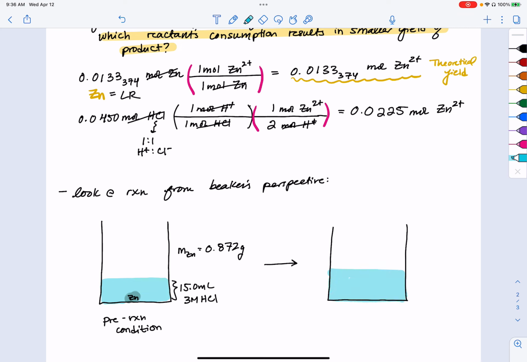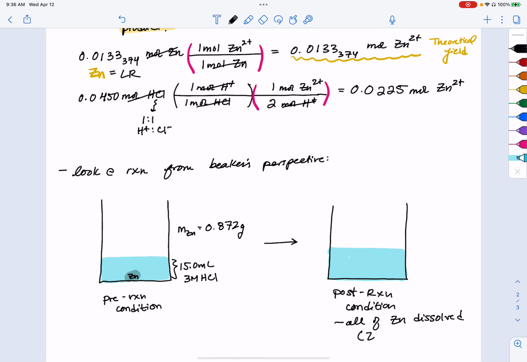So here, post-reaction, we see that all of our solid zinc is dissolved, and we know this because zinc ran out first because it is our limiting reactant.